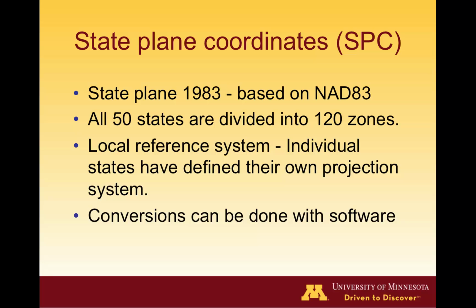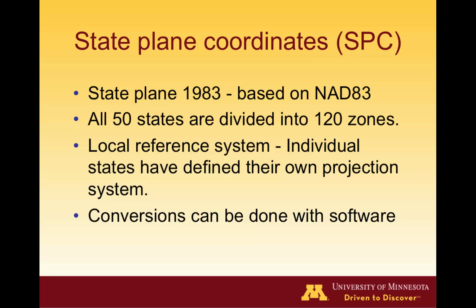So the next coordinate system to introduce is the United States state plane coordinates. The State Plane 1983 is based on the North America Datum 83. All 50 states are divided into 120 zones, and the local reference system.